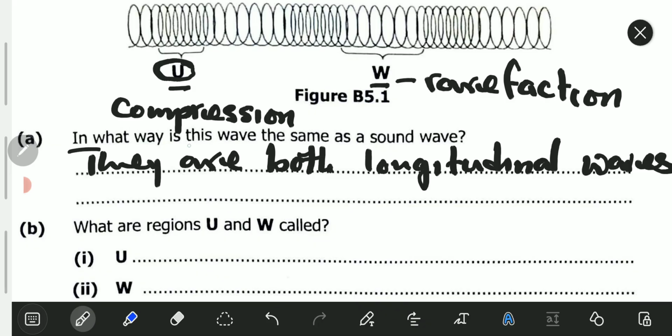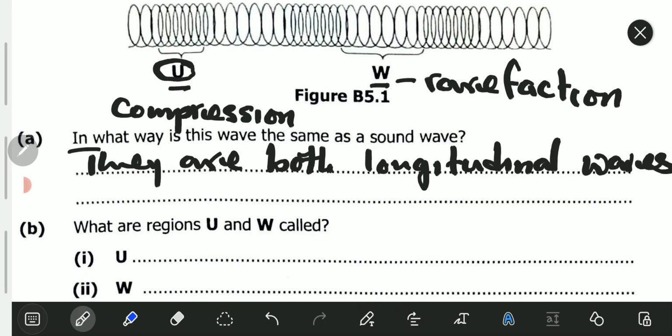They both have compression regions and rarefactions. Compression regions are regions of high pressure, while rarefactions are regions of low pressure. So if you don't want to say they are both longitudinal waves, you can say they both have compressions and rarefactions. That is also a similarity.